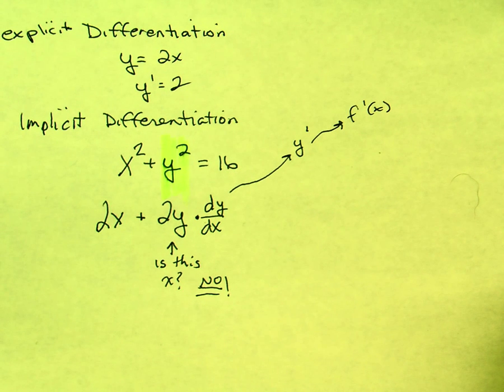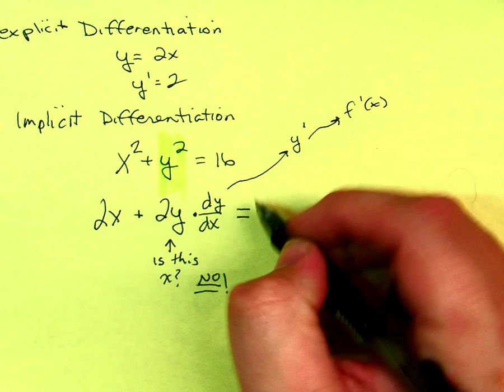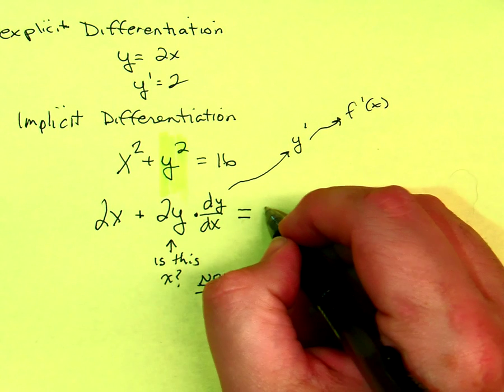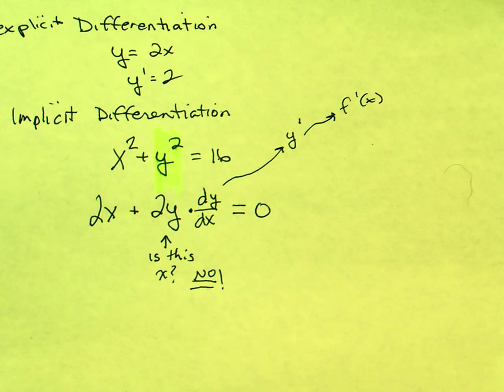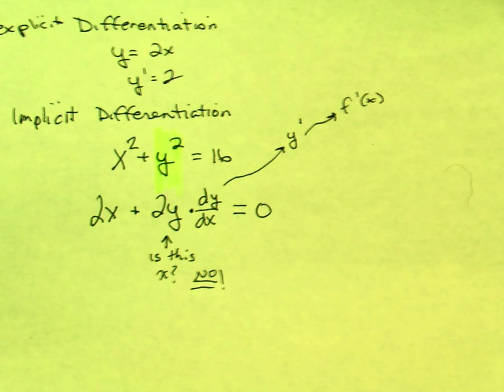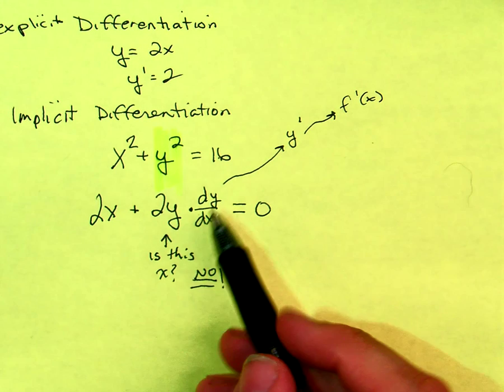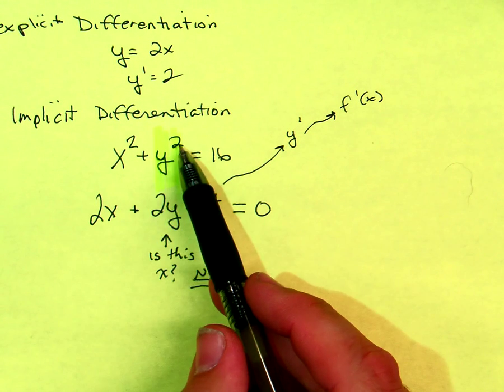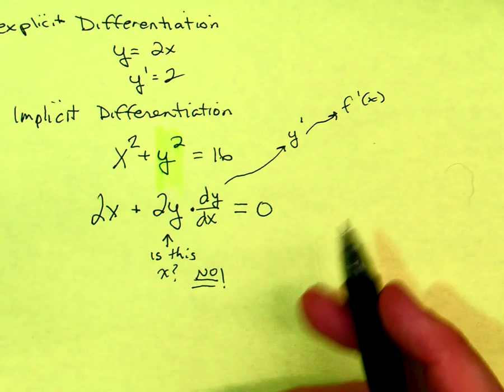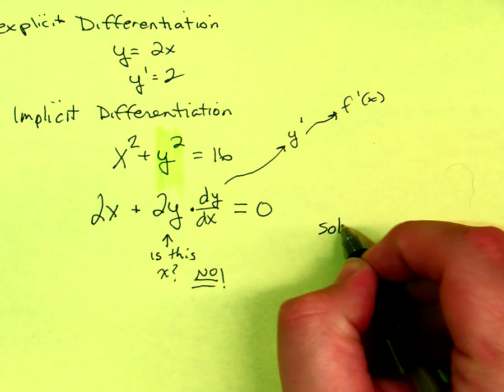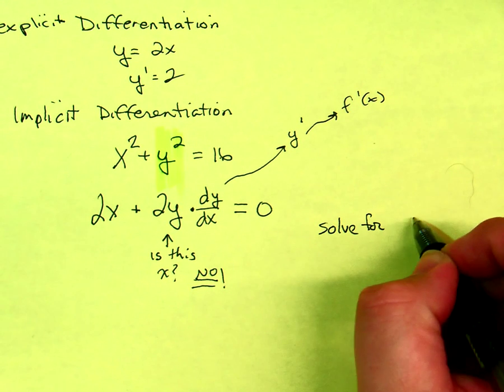And that's going to be equal, what's the derivative of 16? 0. So you take the derivative of everything you have using our derivative rules. When it's a variable, take the derivative of the variable with the rule. And we did that with our y squared. We got 2y. Now what you want to do is solve for dy dx.